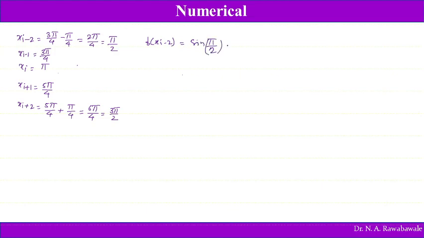Sine 90 is equal to 1. Sine pi by 2 is 1. Then f of xi minus 1 is equal to sine 3 pi by 4.